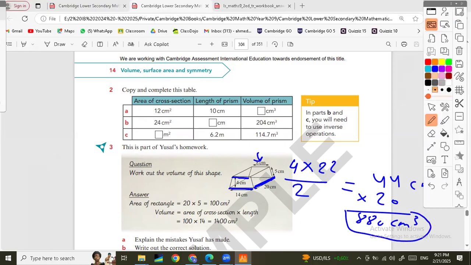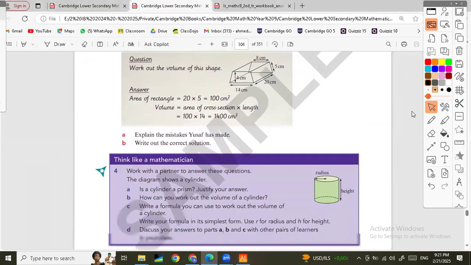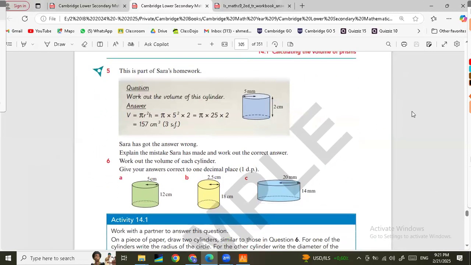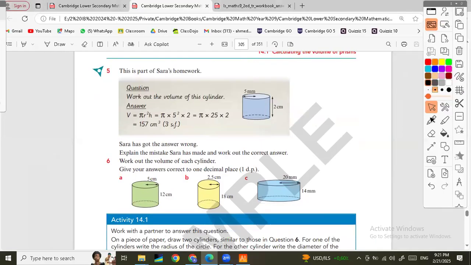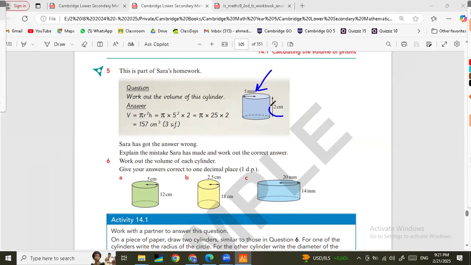All right, let's continue with the cylinder. How can I find the volume of a cylinder? The volume of a cylinder is very easy. If you know how to get the area of the cross section, you just get it and then multiply by the height of the cylinder. What is the cross section in a cylinder? The cross section is actually a circle. Do we know how to get the area of a circle?